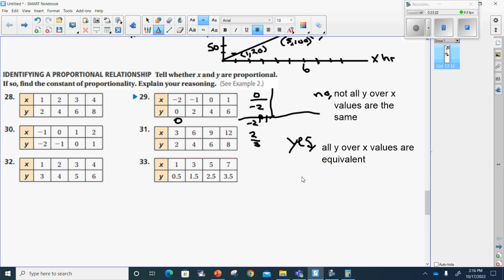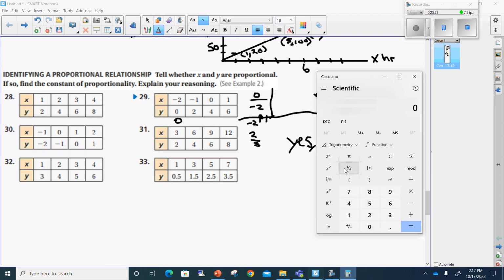Okay. And let's try this one, 0.5 over 1. Let's just use our calculator, make it nice and easy on us. 0.5 divided by 1 is 0.5, right? Now let's try 1.5 divided by 3. That also gives us 0.5. Let's try the next one.